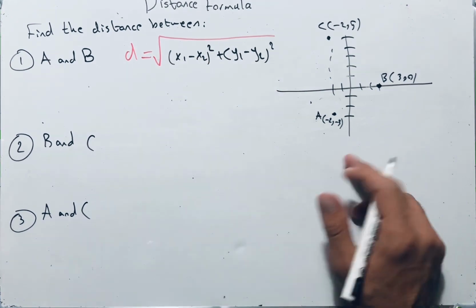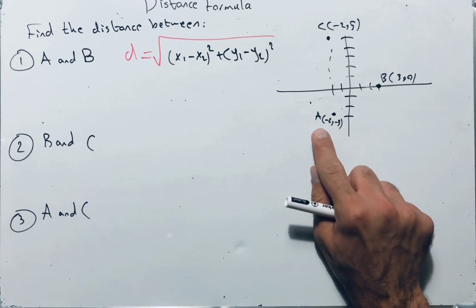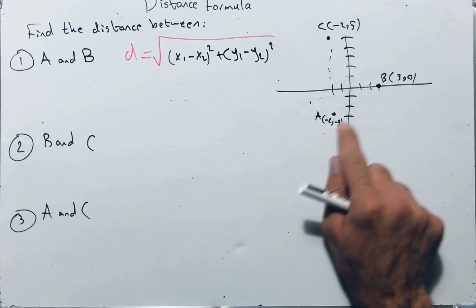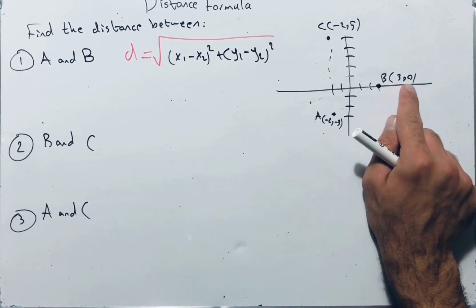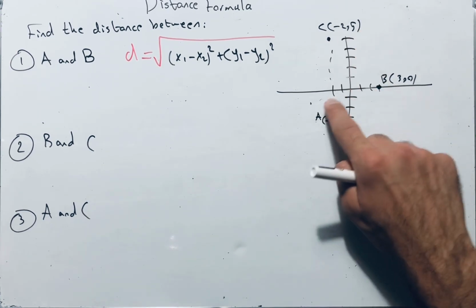All right, so in this example we can see we have 3 points. A is -2, -3, and B is 3 and 0, and then C is -2 and 5.